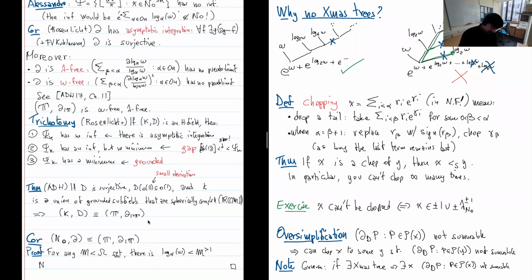Now, if I take the group generated by M and this element log_alpha of omega, take its powers to make a group, this is grounded.